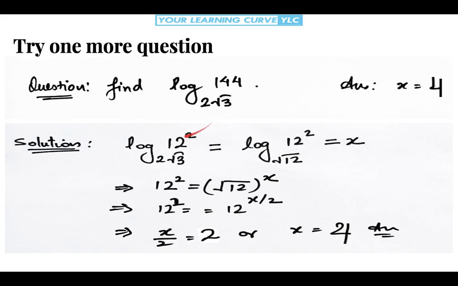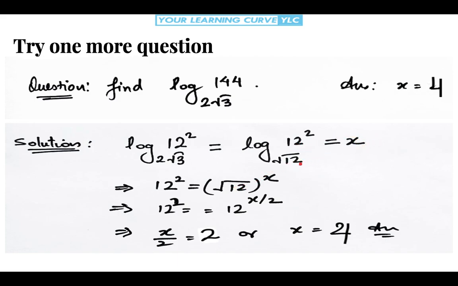For solution, what we do, we let it equal to x, and we all know that 2 root 3 is equal to root 12. When 2 goes inside the root, it becomes 4, therefore 4 into 3 is 12. So now we see that root 12 is in the base, 12 square is in the number which we have taken the log of. Let it be equal to x.